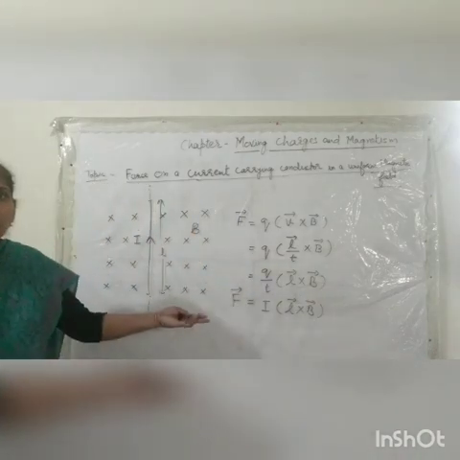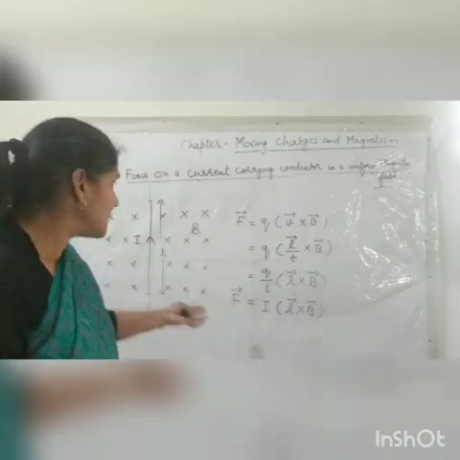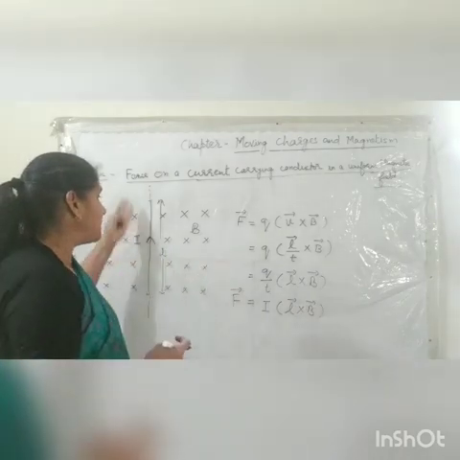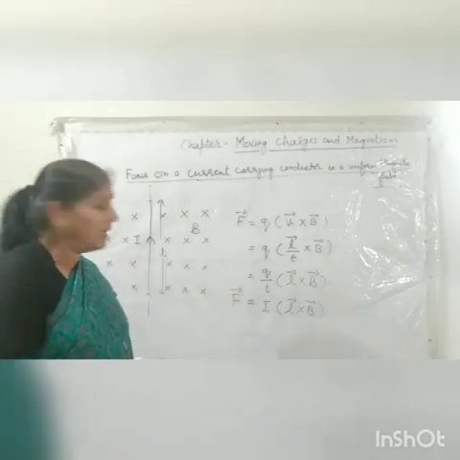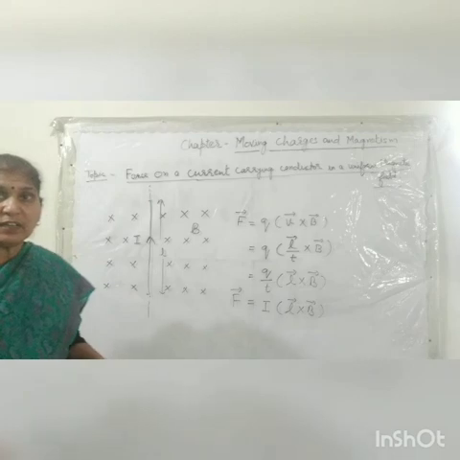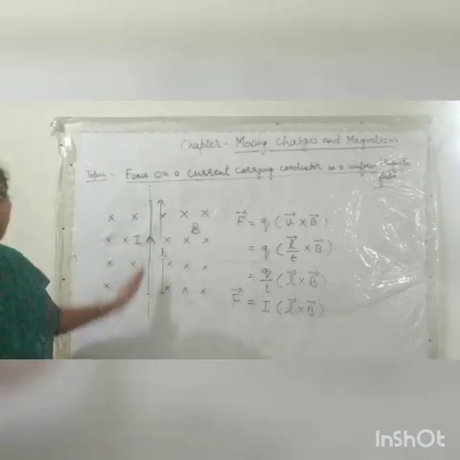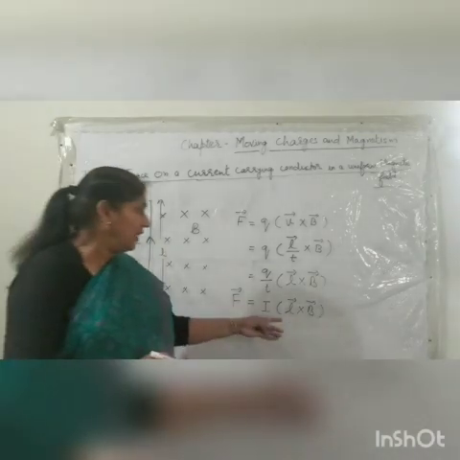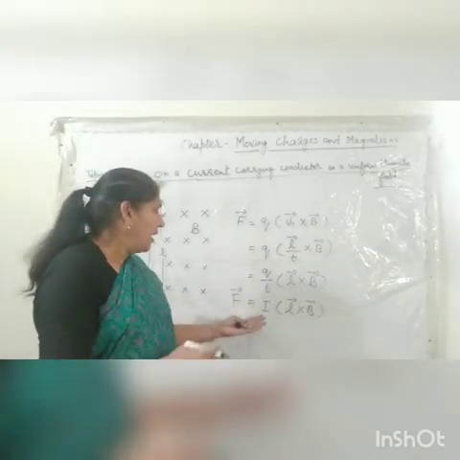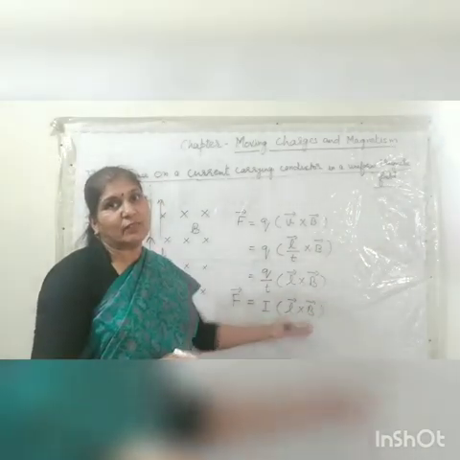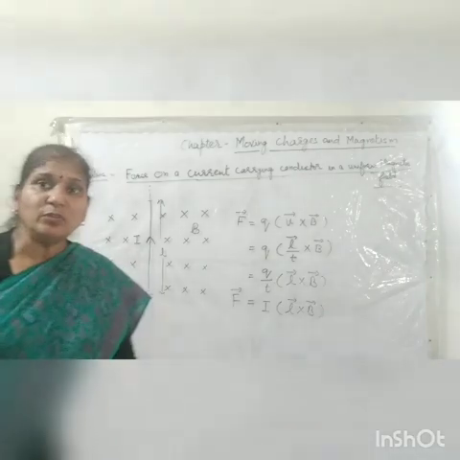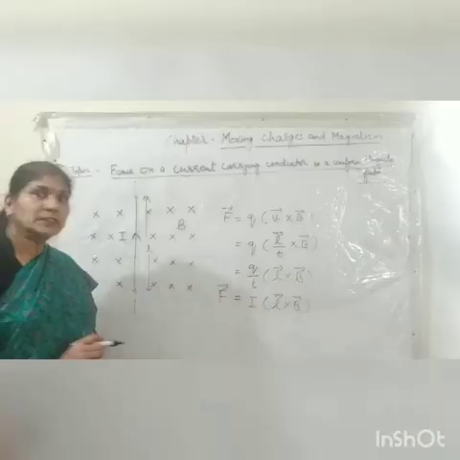So hence we can express the force experienced by a current carrying conductor placed in an external magnetic field. If length L of the conductor is inside the magnetic field, then the force will be I L cross B, and from this we can find its magnitude as well as direction.